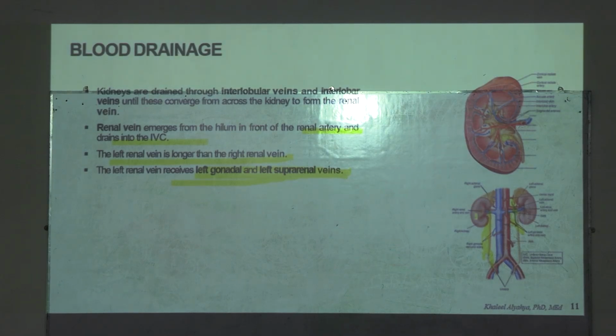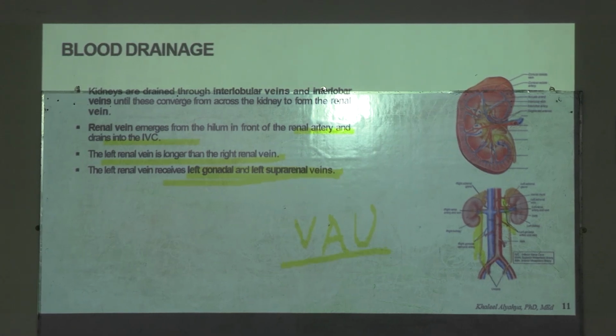From anterior to posterior, most anteriorly we will get the vein, then the artery, and most posteriorly the ureter, or pelvis of the ureter.